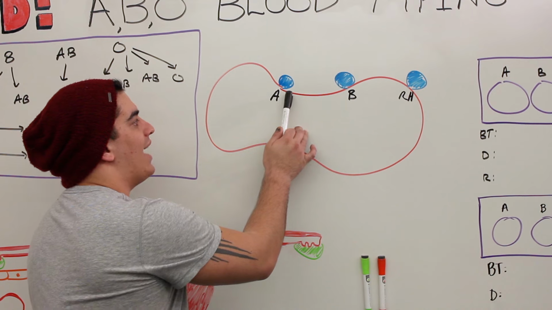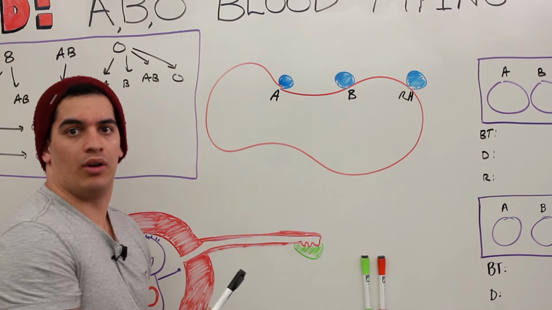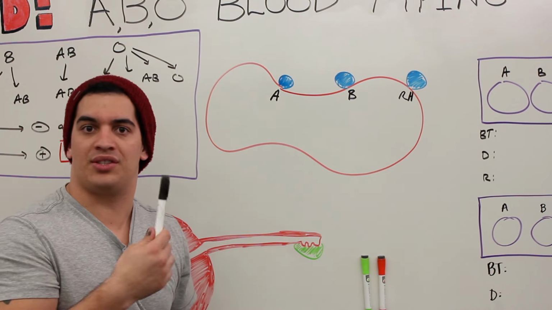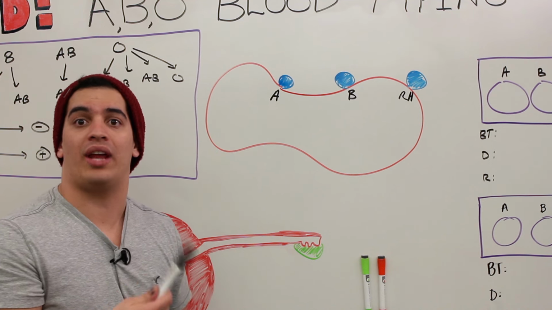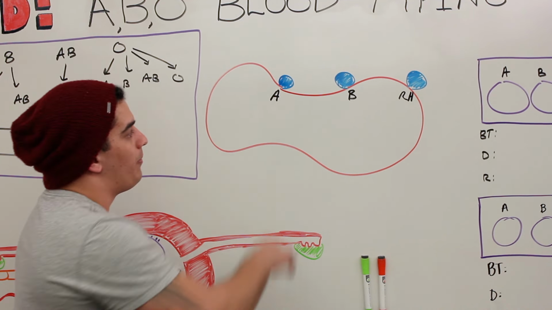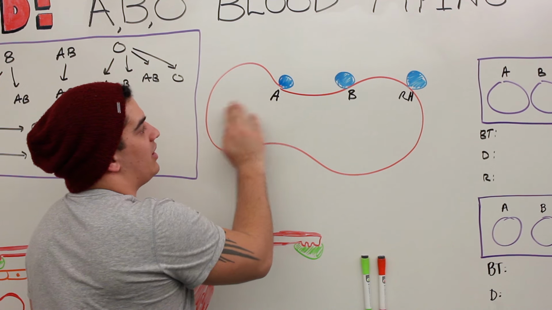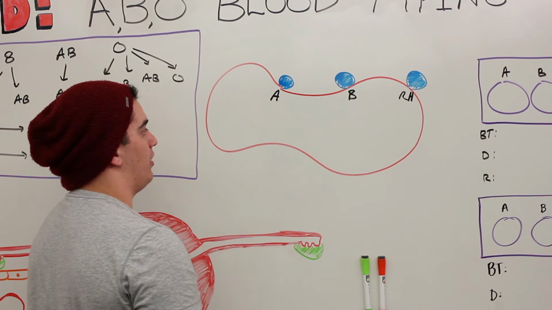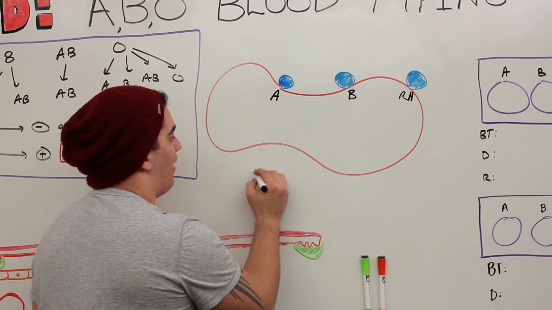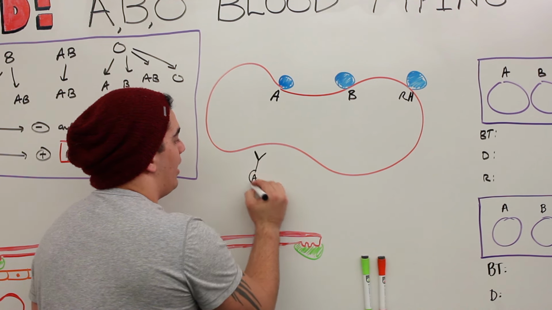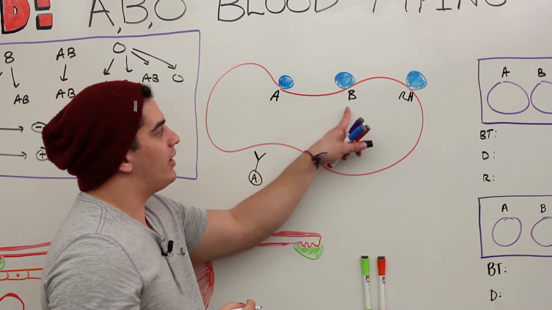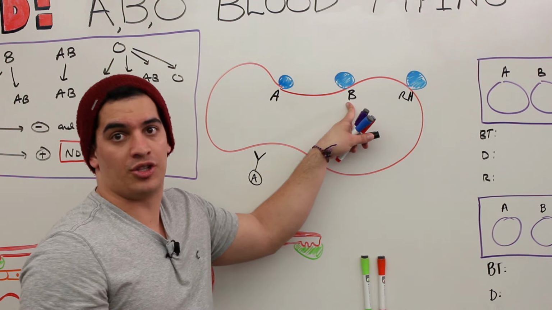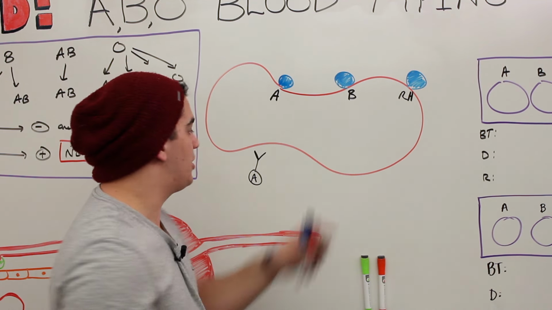One more thing. If the person has an A antigen, that means they don't have these specific things in their circulation to protect them called anti-A antibodies. So let's pretend this person does not have the A antigen. What would they have in their circulation? They would have anti-A antibodies. Let's pretend this person did not have the B antigen on this red blood cell. What type of antibodies would they have?